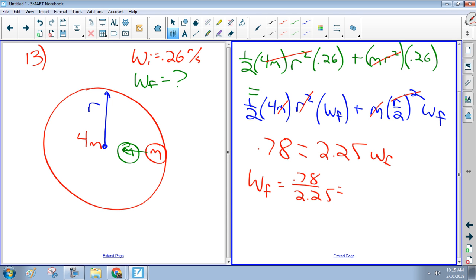When the figure skater pulls her arms in, her inertia decreases and her angular velocity increases proportionally, because of conservation of momentum. But the squared means that the velocity is more important than the inertia, so we're actually going to gain energy here. That makes sense.